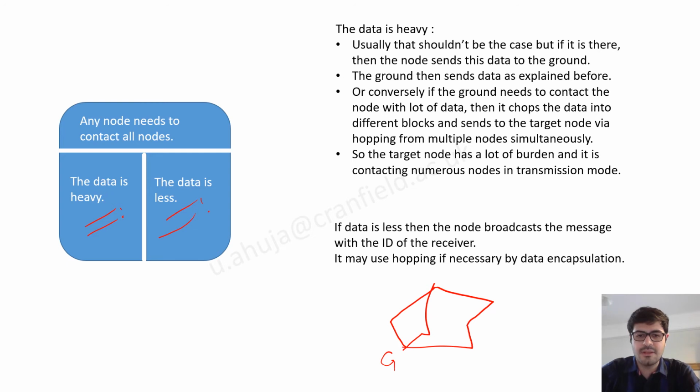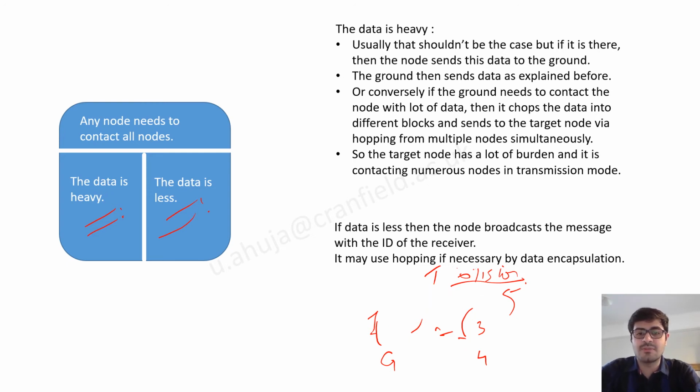This could be the ground, this could be the target, and these could be nodes 1, 2, 3, 4, 5. So it can send different data blocks at one time from this end, that end, and this end. This makes a collision case at this point on the target, but since we have tag IDs of all the data blocks, the receiver will be able to assemble all the data blocks into one big data. So the collision problem can be solved in this case.